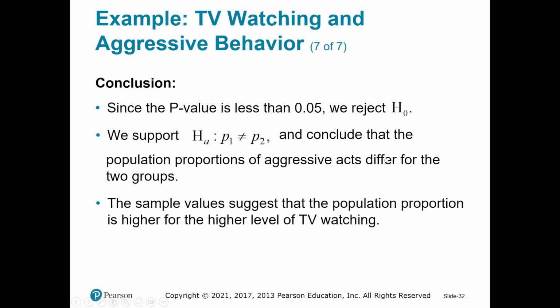And notice the word differ is used. The sample values suggest that the population proportion is higher for the TV level of TV watching. Again, it must be violent TV. This can't be from Paw Patrol and Blue's Clues.